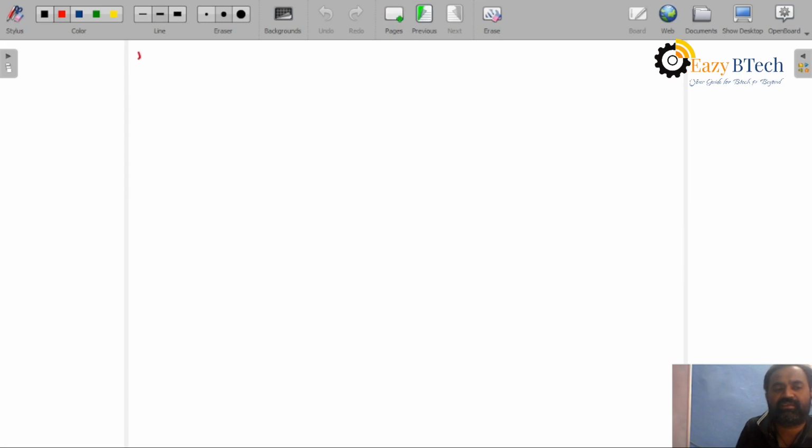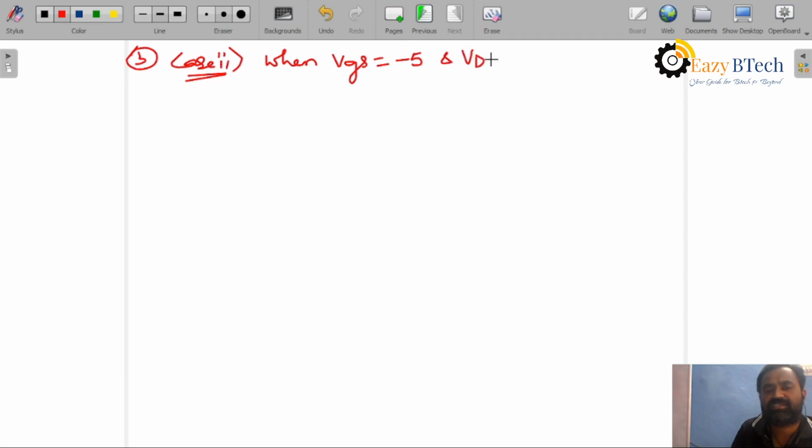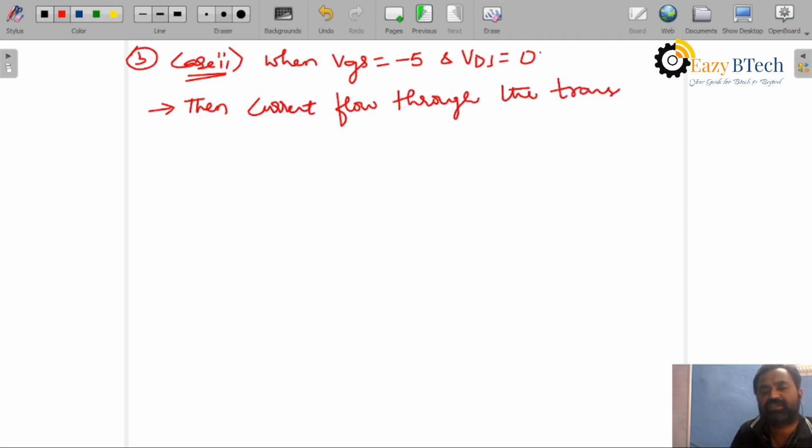Next, case 3. When VGS is a negative voltage, VGS is minus 5 and VDS is 0, then the current flow through the transistor is null.